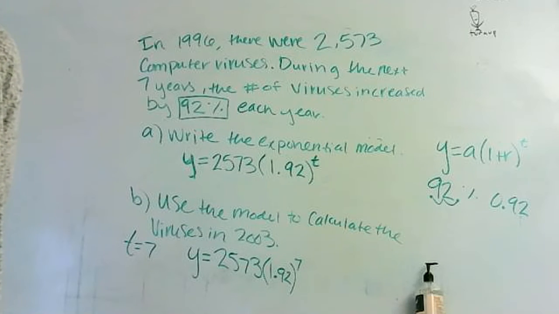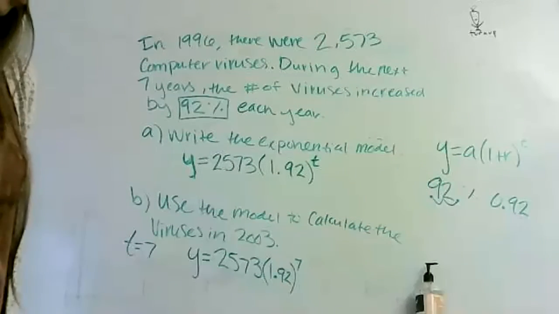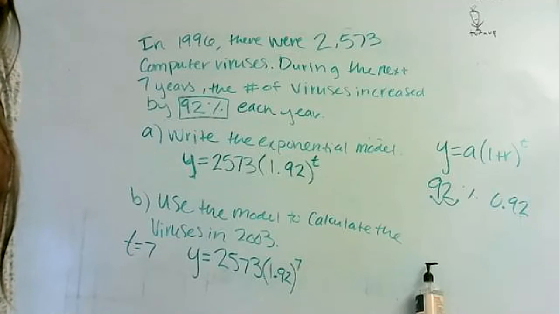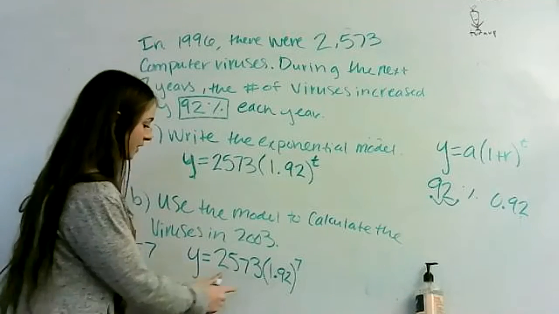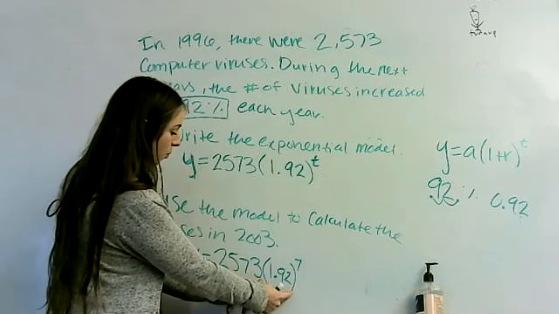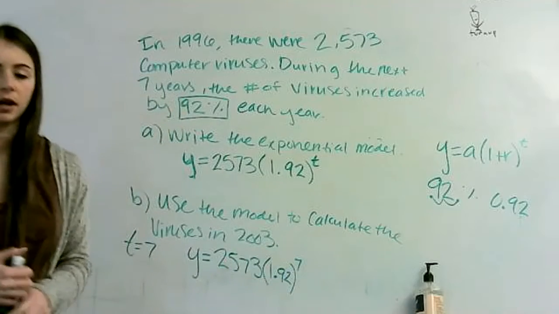Miss Norman, do you take your exponent and do it to the 1.92 and then multiply the two numbers, or do you add them? Good, so you want to type it in just like this, you have this front number, and then in parentheses, your 1.92, then to the exponent of 7.